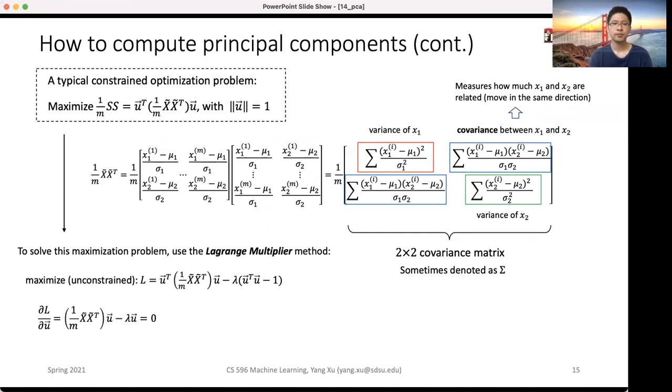Now we can take the usual step, which is to take the derivative of this Lagrangian with respect to the variable, the vector u. Taking the derivative of a vector is similar to taking the derivative of a scalar number.